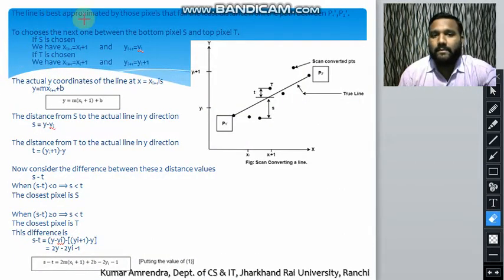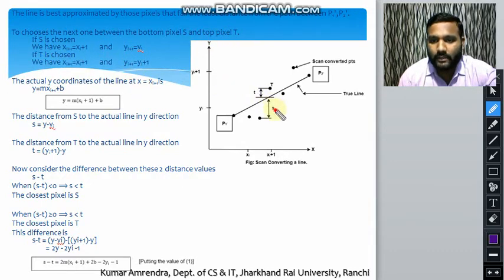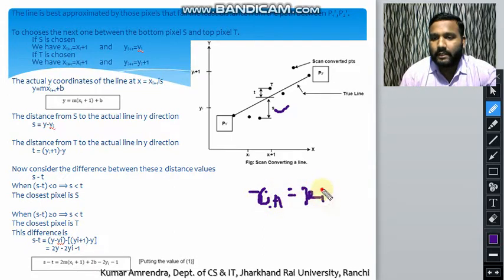So the line is best approximated by those pixels that fall the least distance from the path P1 to P2. To choose the next one between the bottom pixel S and top pixel T: S is the bottom pixel, so if S is chosen, then what are the pixel values? The next xi plus 1 equals xi plus 1.